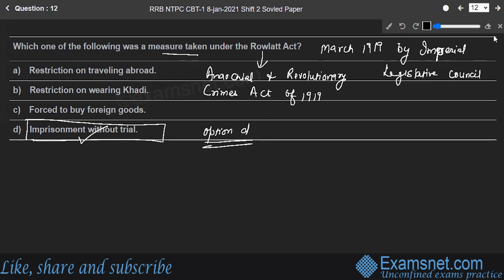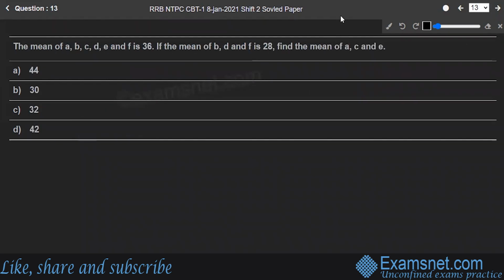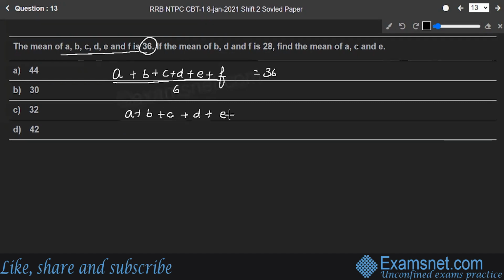Hope you understood this. Let's move to the next question, number 13. Mean of A, B, C, D, E, F is 36. If the mean of B, D, F is 28, you have to find out the mean of A, C, E. Using the mean formula, (A + B + C + D + E + F) / 6 = 36, so A + B + C + D + E + F = 36 × 6 = 216.